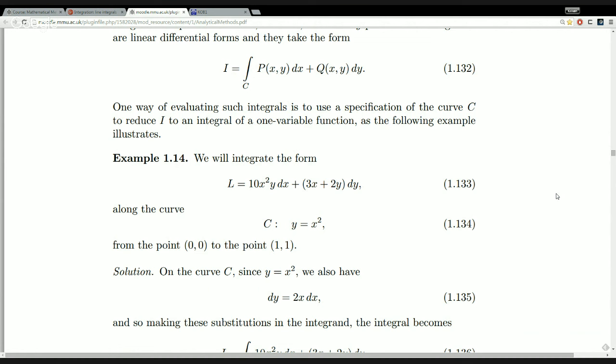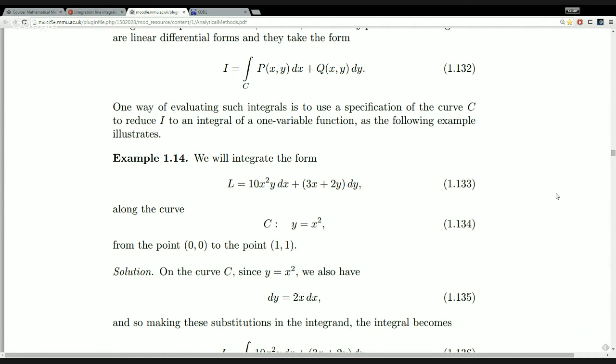Now, how do we come to actually evaluate I, to evaluate the integral? Well, we just have to do a couple of steps or apply a principle similar to the partial differentiation case, and then make use of all the normal one-dimensional integration theory.